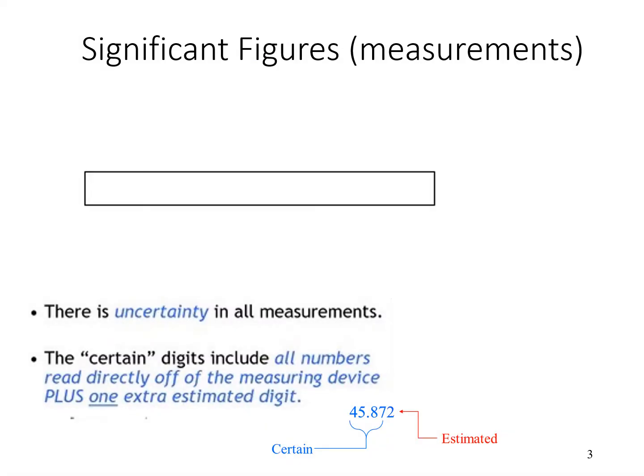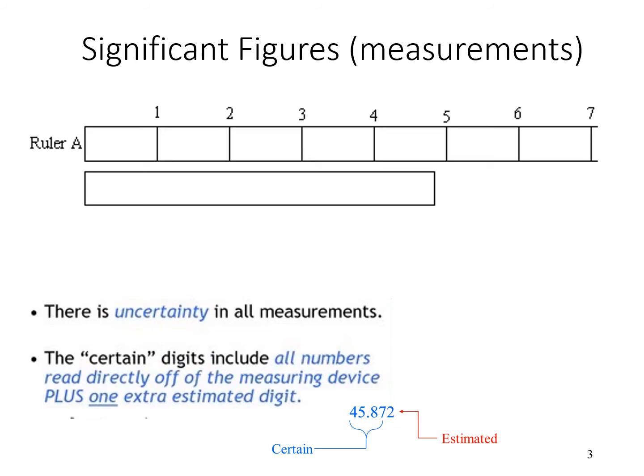For instance, this is a particular line or a stick provided to you. Can you tell me the length of the stick based on this ruler? If I ask you that question, some people might say this is definitely longer. Let's say this ruler gives you measurement in meters. This is a meter scale.